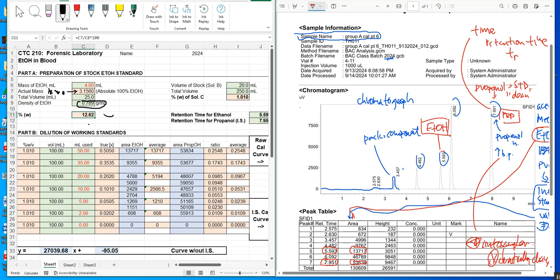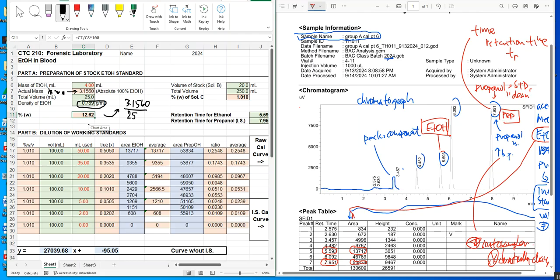So the mass of ethanol that was used from that calculation, 3.1560. And they took it to 25 milliliters in total. And 25 milliliters in total, we are going to assume, it is not correct, but it's pretty close. We're going to assume that is 25.